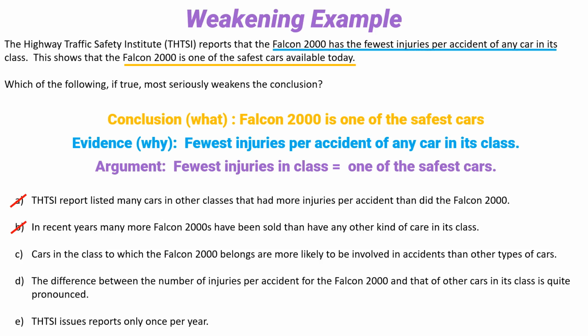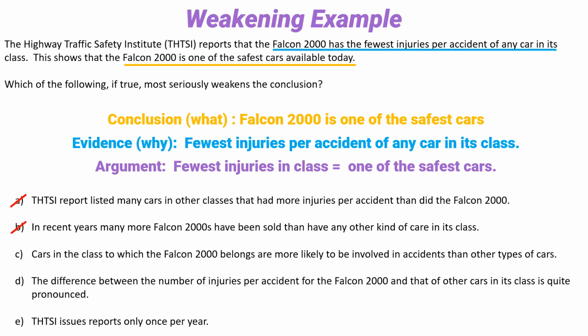All right, D. D is tempting, but D ultimately doesn't really help us because D is comparing the number of injuries per accident between cars in the same class. Well, it sounds good, but the problem is the conclusion says that the Falcon is a safe car overall. Not safe for its class, but simply a safe car.